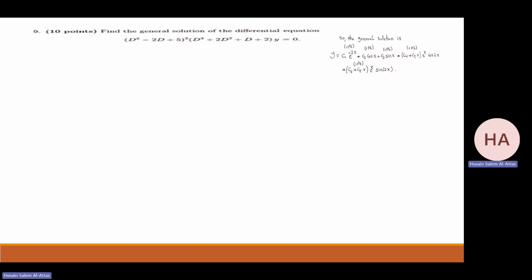Okay, I need to do it one by one. Yeah, this one, I need the quadratic formula. Don't forget I have a square, so I just double the roots. I can write the auxiliary equation. The auxiliary equation is what? r squared minus 2r plus 5, squared, times r cubed plus 2r squared plus r plus 2 equals 0.